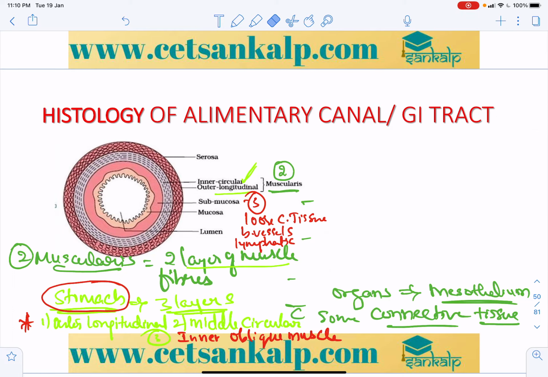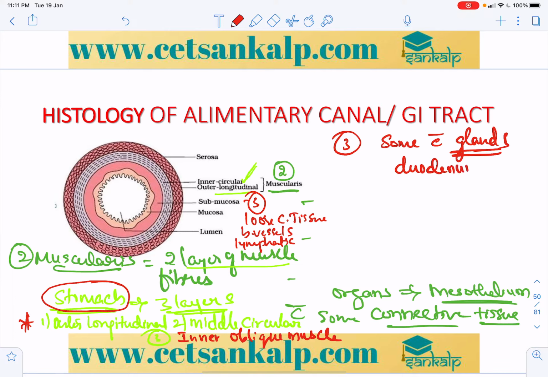In some parts of the alimentary canal, the submucosa has certain glands. For example, in the duodenum, the submucosa has glands called Brunner's glands.